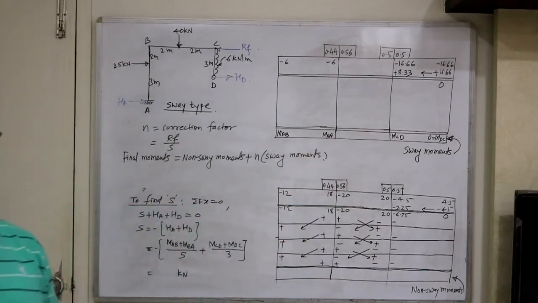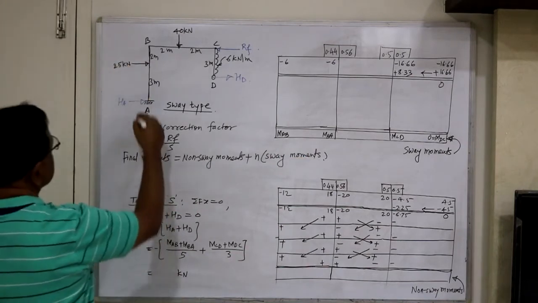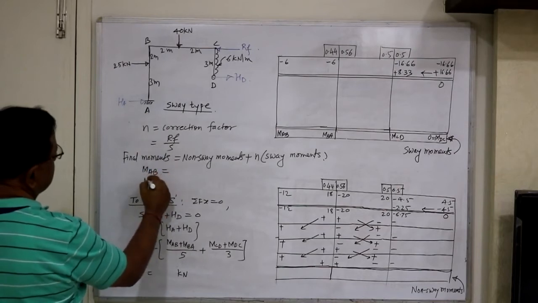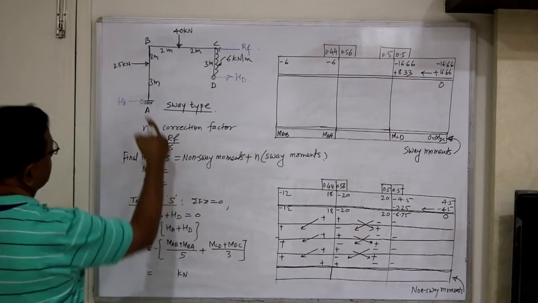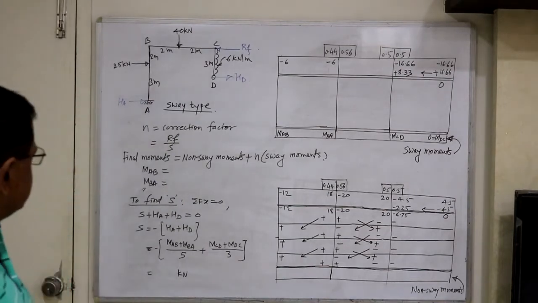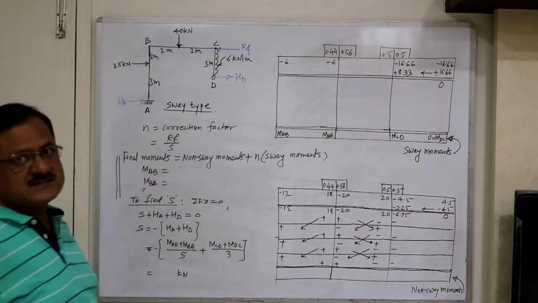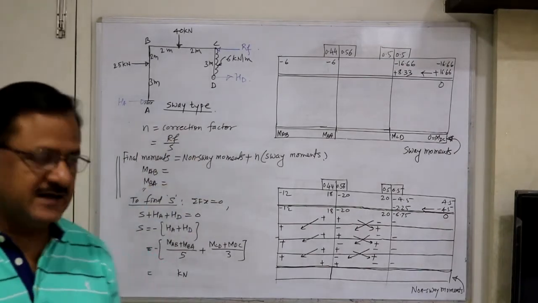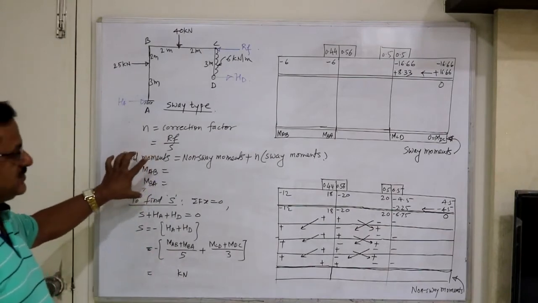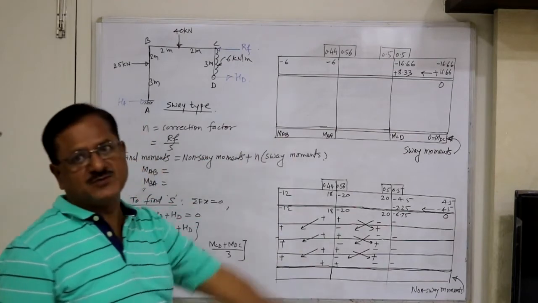With this formula you finally calculate all the moments, that is MAB, MBA, then MBC, MCB, MCD, etc. And after getting these final moments, you construct the bending moment diagram. For the bending moment diagram, these moments are to be used, because these are the non-sway moments, and these are the sway moments.